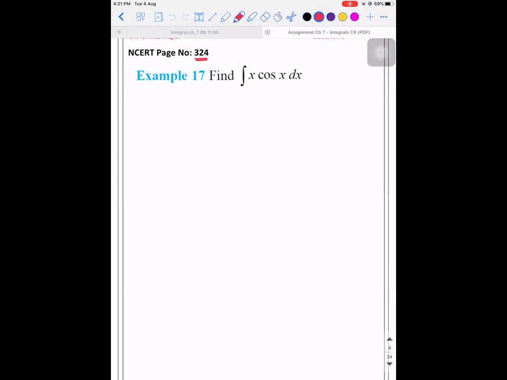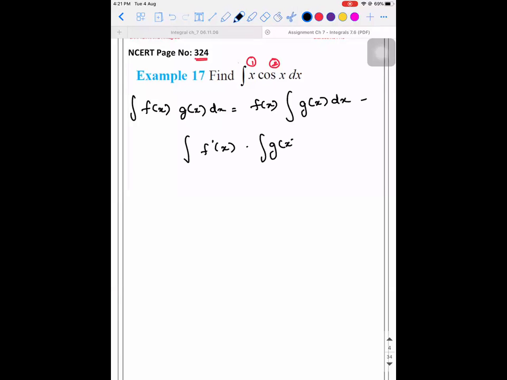x is first, cos x is second. So the integral of f of x into g of x is given as the first function into the integral of the second function, minus the integral of the derivative of the first function into the integral of the second function, this within a bracket, dx.